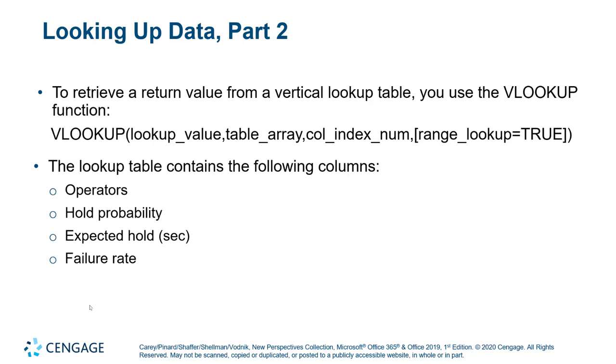If the value is true, it is an approximate match. If the value is false, it is an exact match. The lookup table contains the following columns: operator, hold probability, expected hold in seconds, and failure rate.